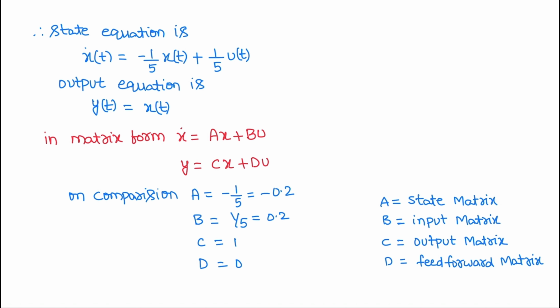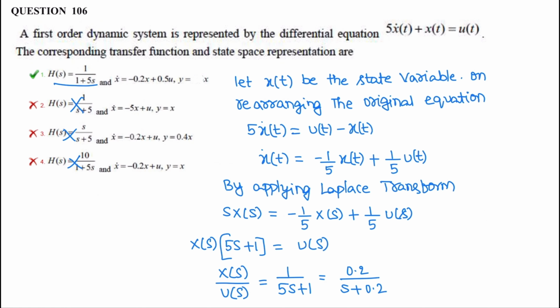On comparison, we will have A = minus 1/5, B = 1/5, C = 1, D = 0. So compare these two equations with this, we will get the A, B, C, D values. Here the correct answer is option 1.